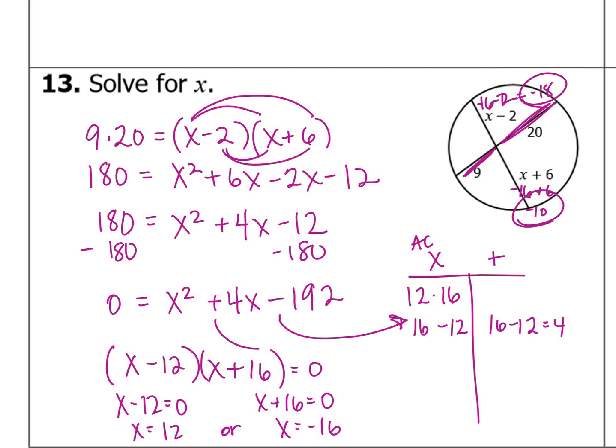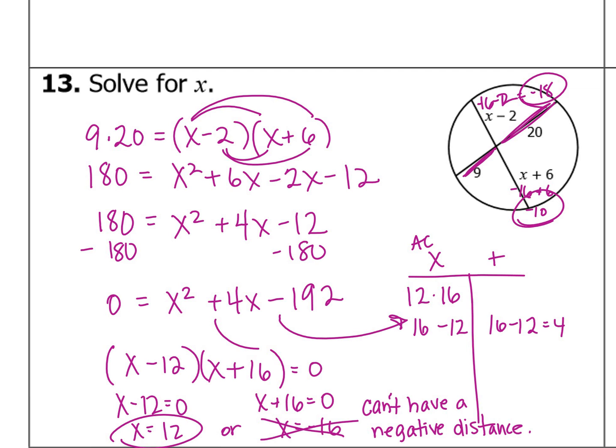So in this case, the negative answer is not a valid answer because we don't have negative distances. It is a true factor, but you can't have a negative distance. So that's just invalid. So you're going to stick with x equals 12.